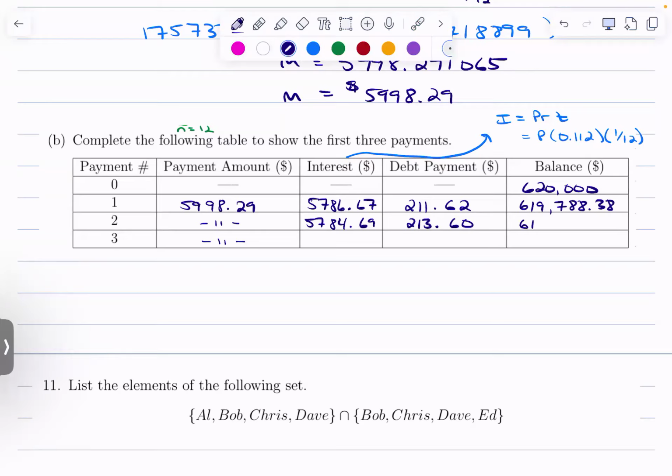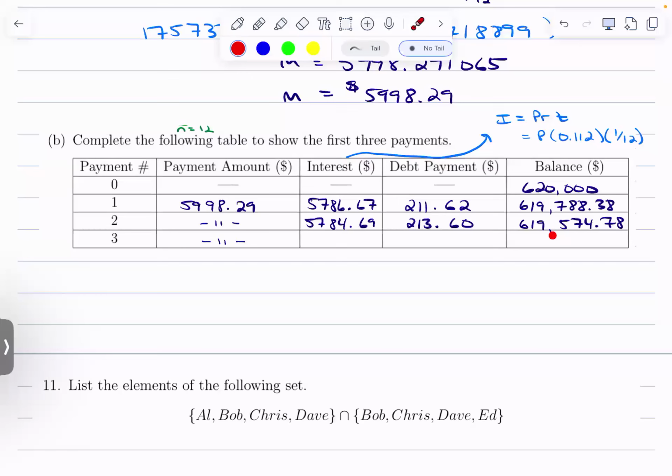I get 619,574.78. Again, slightly less than before. The only one that should be increasing is the debt payment, right? As you pay less in interest, more of your payment is going towards your debt.